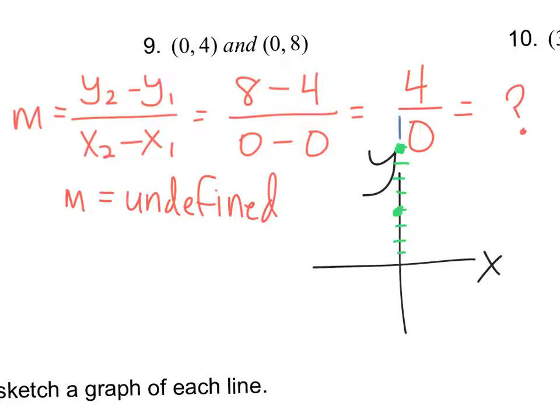This line would go through these 2 points, so it's actually the same as the y-axis. And this is an undefined slope, and if you think about my analogy earlier, walking across a flat floor has a slope of 0, well, this would be like trying to walk up a wall, which you can't do unless you're Spider-Man. And so it's an undefined slope. So that is what that would look like as a picture.